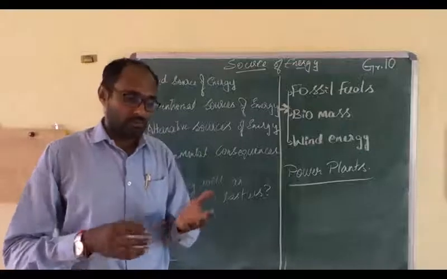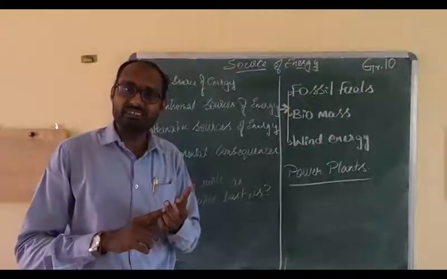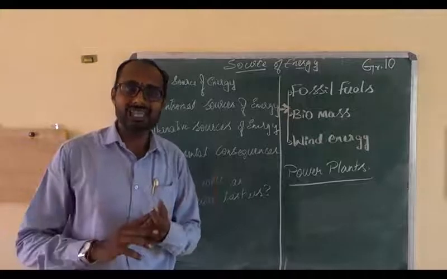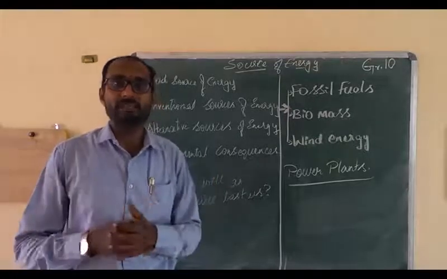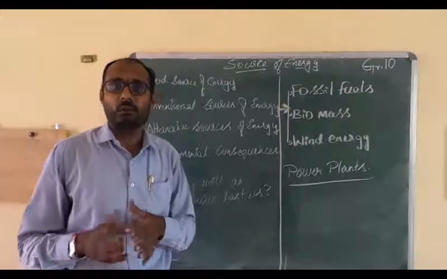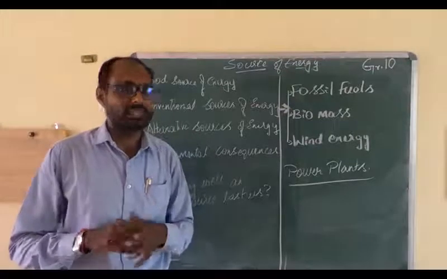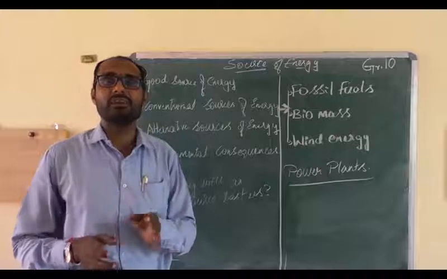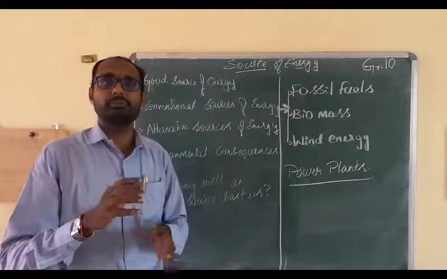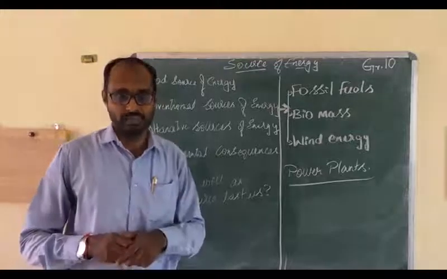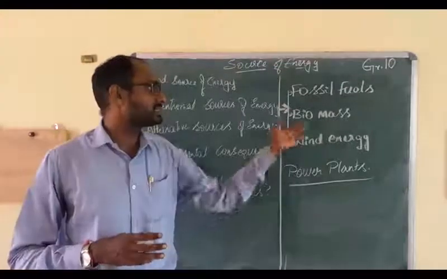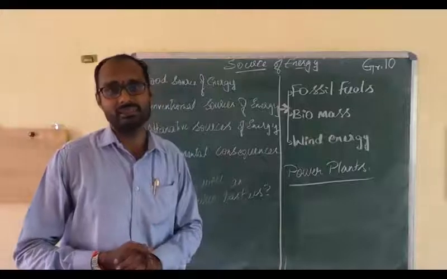Onion peels, rotten vegetables, leftover food, cow dung and other waste products, when acted upon by enzymes and microorganisms, give us a gas rich in butane, a hydrocarbon, and that is used for cooking. So this is the second conventional source of energy.